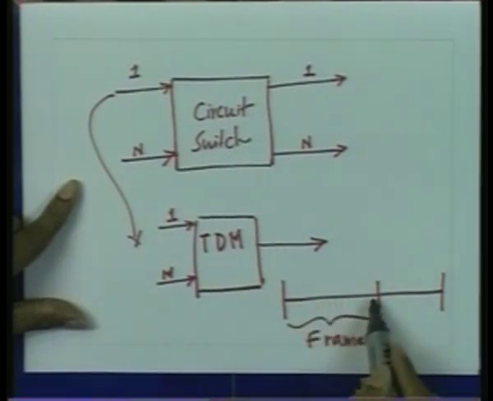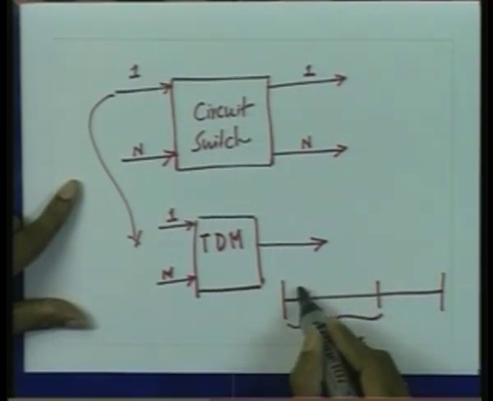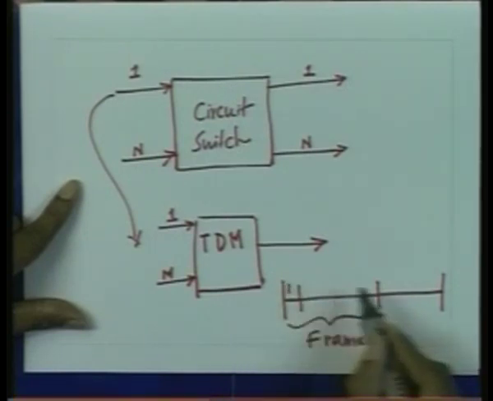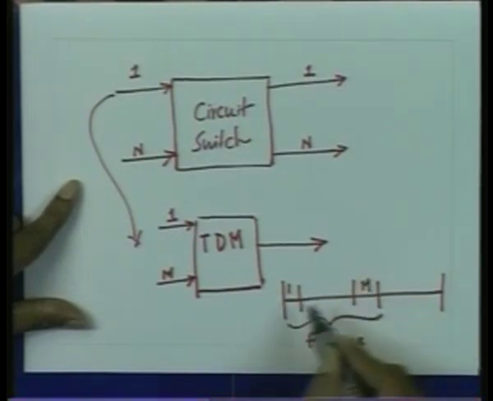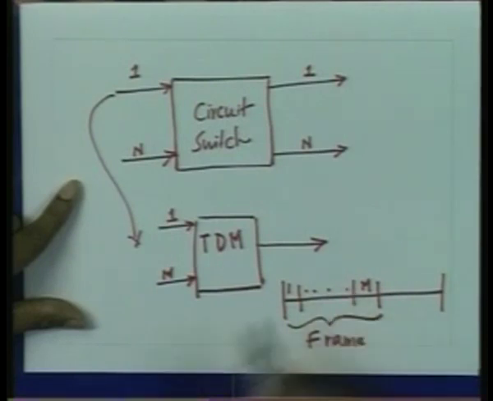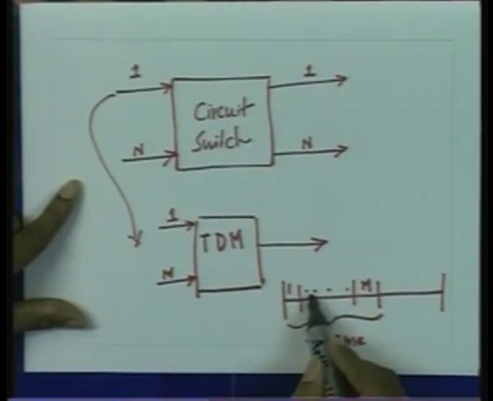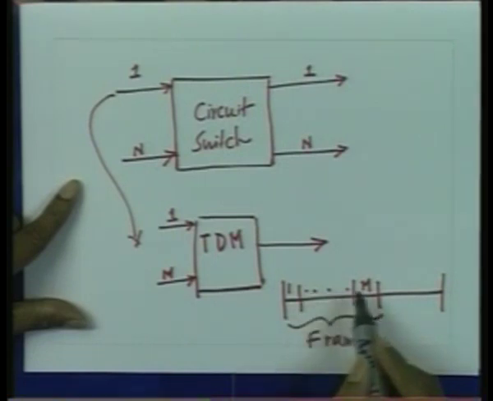Now this frame itself is divided into 1 to m slots. User number 1 is given slot number 1, user number 2 is given slot number 2, and user number m is given slot number m.